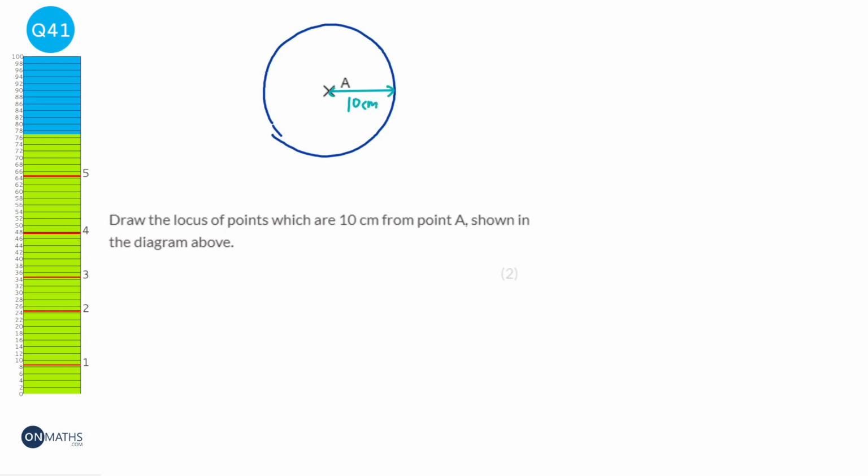To get the full marks, you want the circle to be a little bit nicer than the one I've drawn, so try and get it as perfect as you can. The best way of doing that is don't push down too much and just move the page around with your compass being stationary.